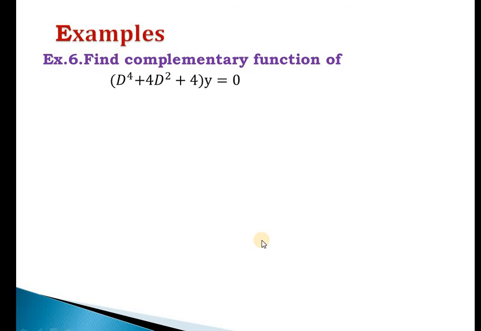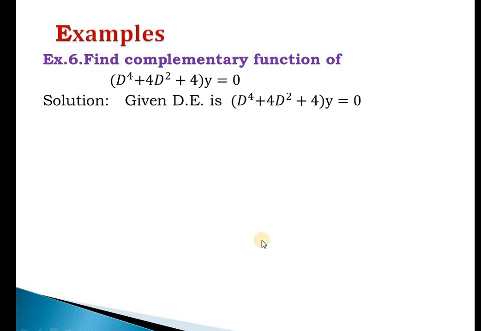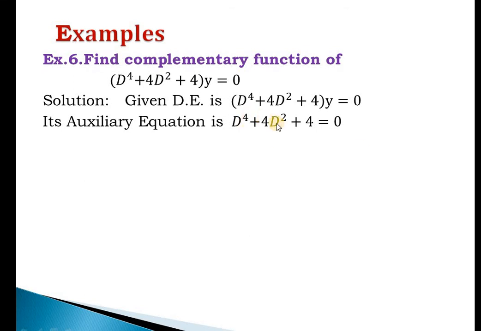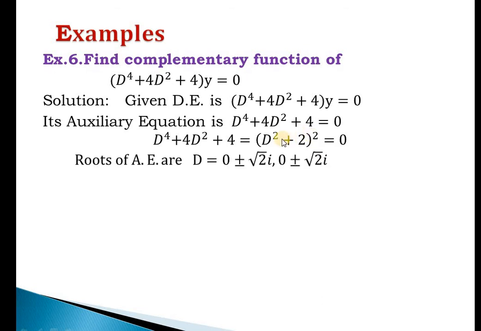Now here we have (D raised to 4 plus 4D square plus 4) y is equal to 0. So the auxiliary equation is D raised to 4 plus 4D square plus 4. This is nothing but (D square plus 2) whole square. The expansion is a square, D raised to 4, plus 2ab, 2 into 2, 4D square, plus b square, 2 square, is 4. Now we get the roots 0 plus minus root 2i, 0 plus minus root 2i.